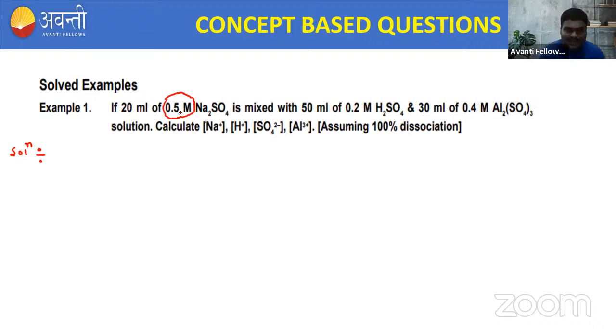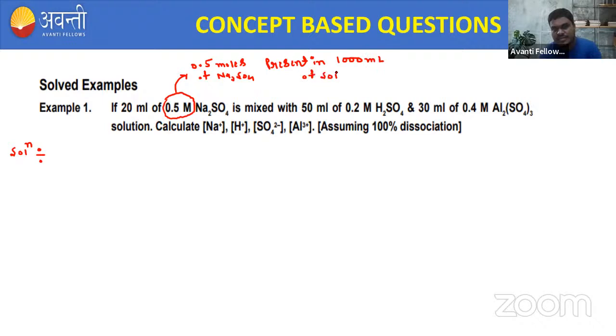So what do you mean by 0.5? Similarly, 0.5 means 0.5 moles of sodium sulfate, that is Na2SO4, is present in 1 liter, or we say 1000 ml of solution.